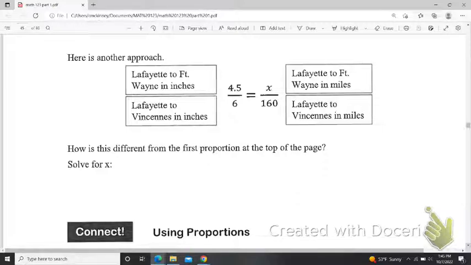But as long as we're consistent, like we did Fort Wayne top, Vincennes bottom, Fort Wayne top, Vincennes bottom, it's still 6 times x and 4.5 times 160. So we still get 720 is equal to 6x, and so x is still 120.